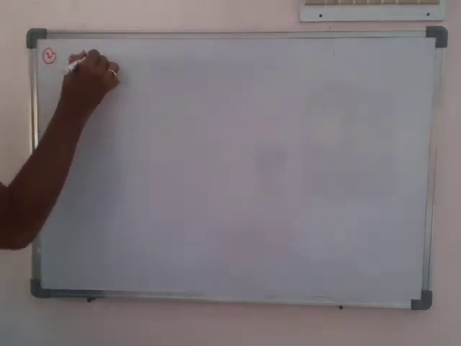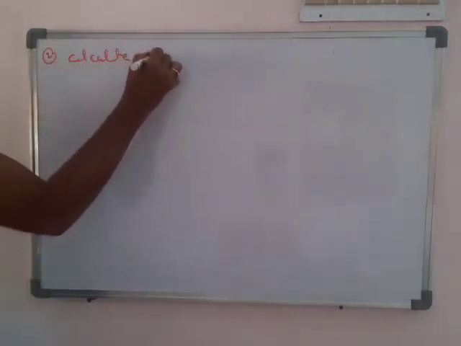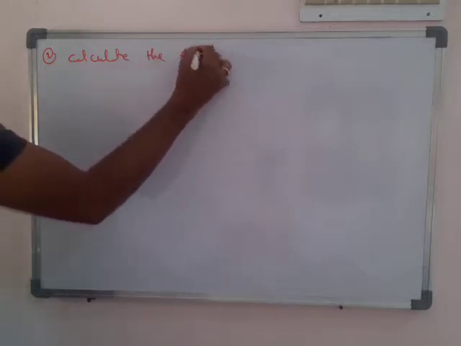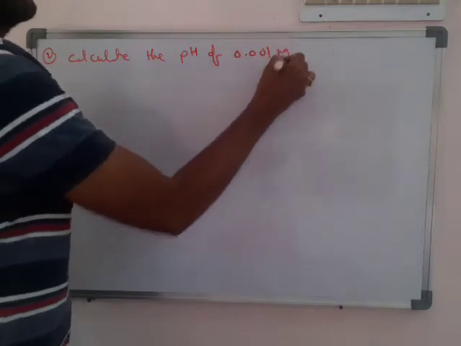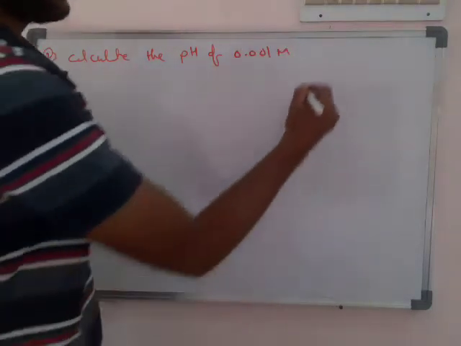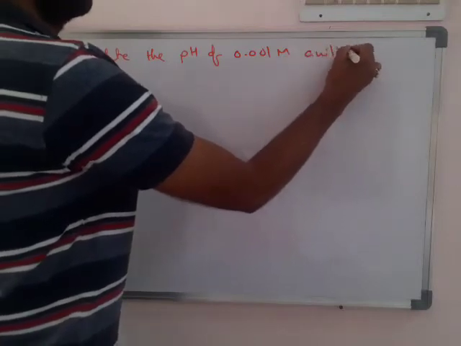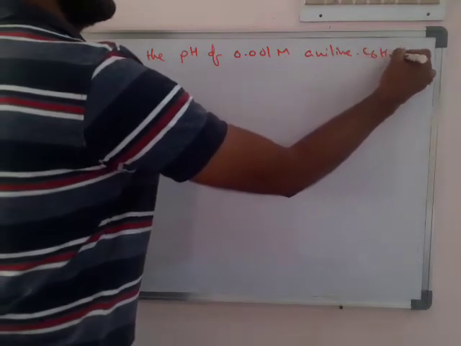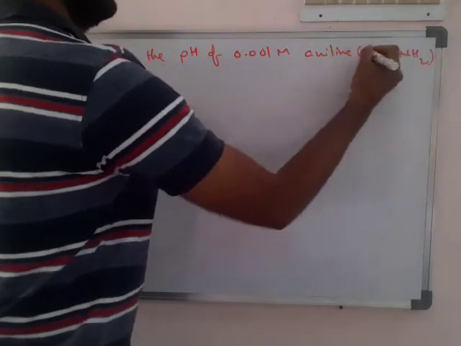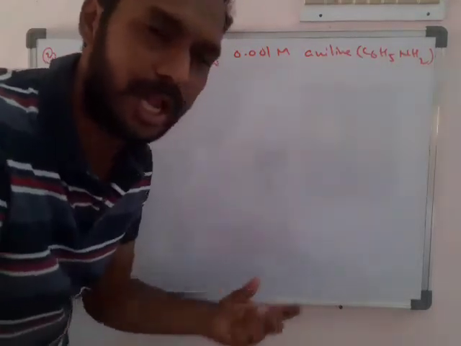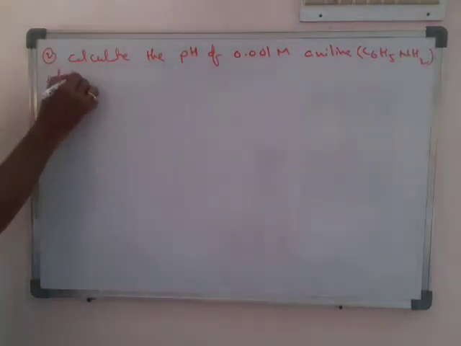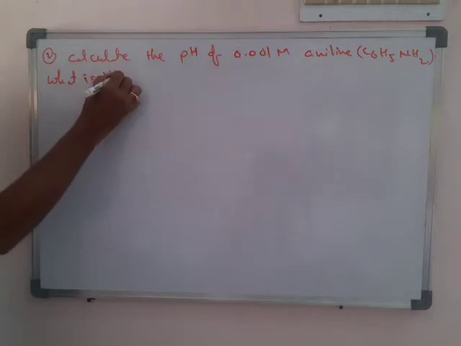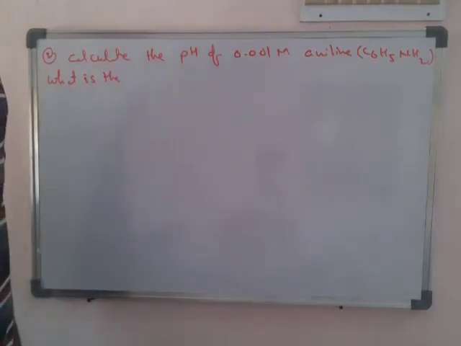Calculate the pH of 0.001 M aniline. Aniline means C6H5NH2. No need of the compound name, I am just giving the formula.